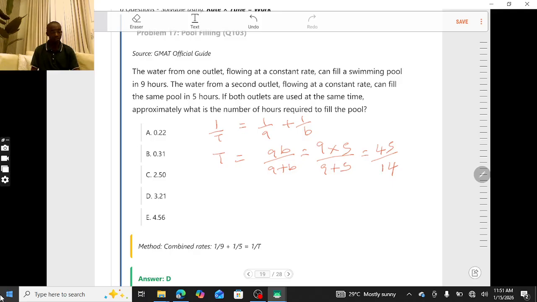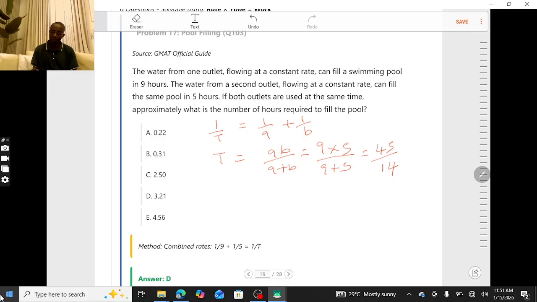We have 14 and 45, but we can find a close answer. 14 plus 14 is 28, plus another 14 is 42.